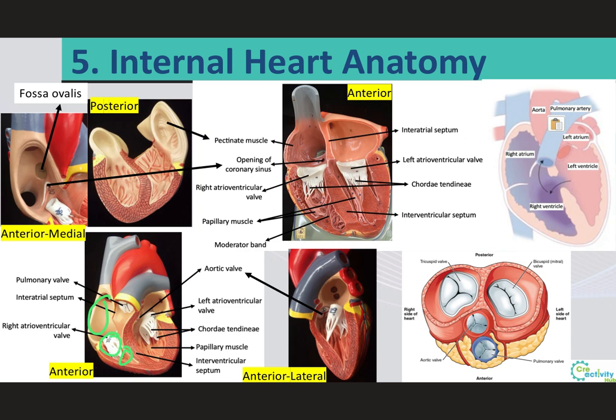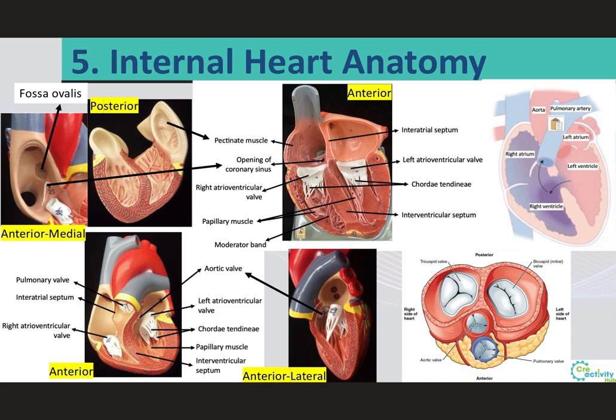And the name says it all, right? A valve located in between the atrium and the ventricle on the right side. Same thing for the left atrioventricular valve, which is located on the left side. Both will prevent the blood from returning into the atria once they have moved into the ventricles.